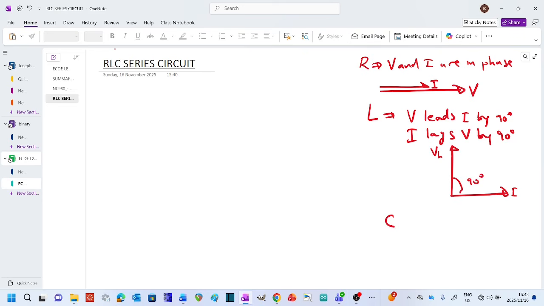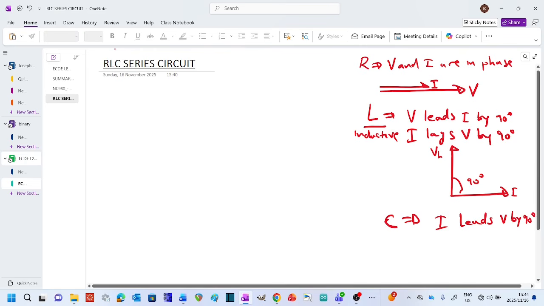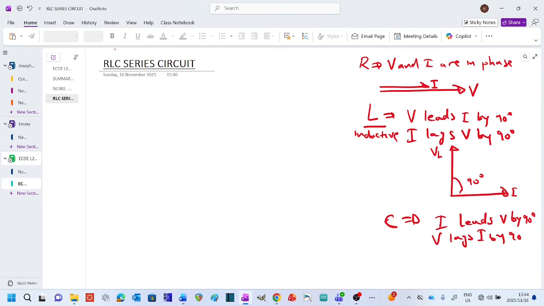We define this as inductive. And for a capacitive circuit, the current leads the voltage by 90 degrees, or the voltage lags the current by 90 degrees.